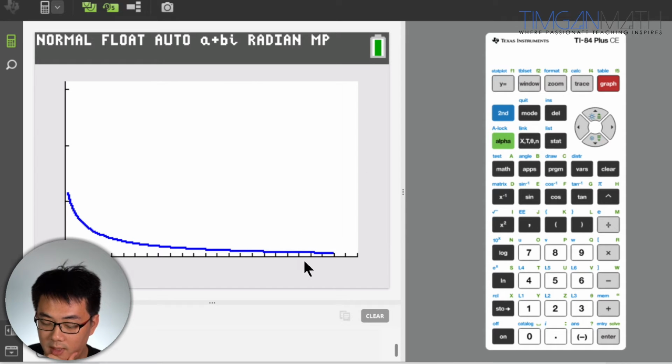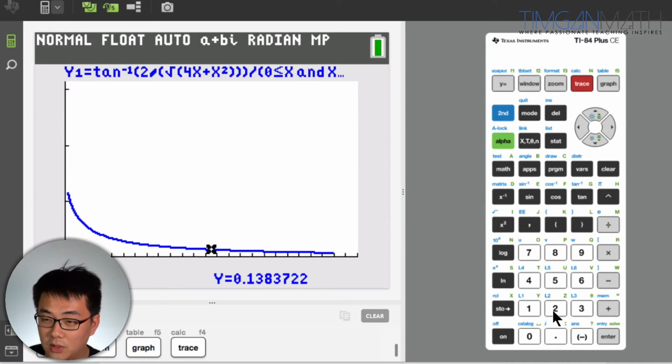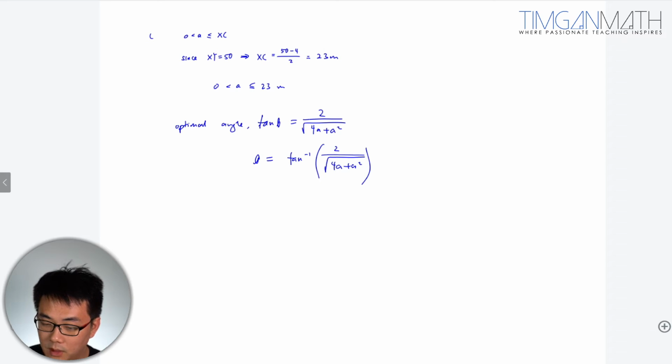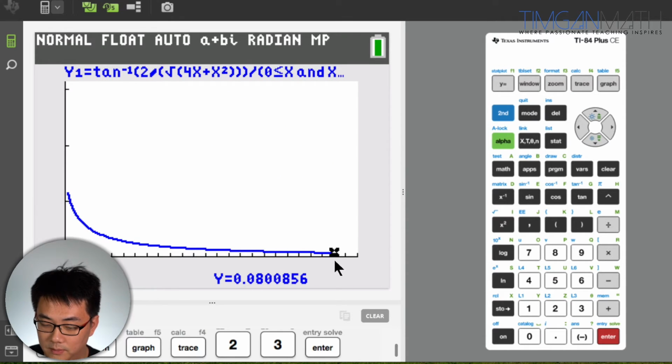All right, what do we get at the end there? We will get, so this is a strictly decreasing function here. So the minimum point will be at this end here. So just trace, just put trace 23 at the maximum point there. This is 23. This is 0.0800856.